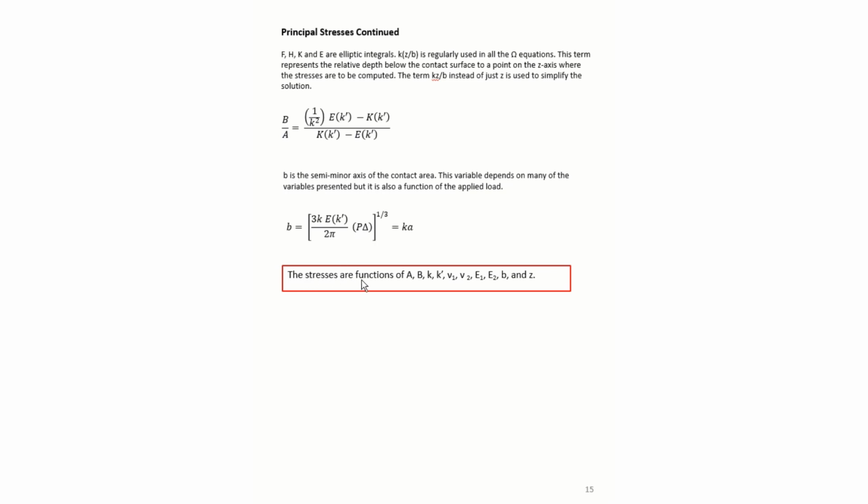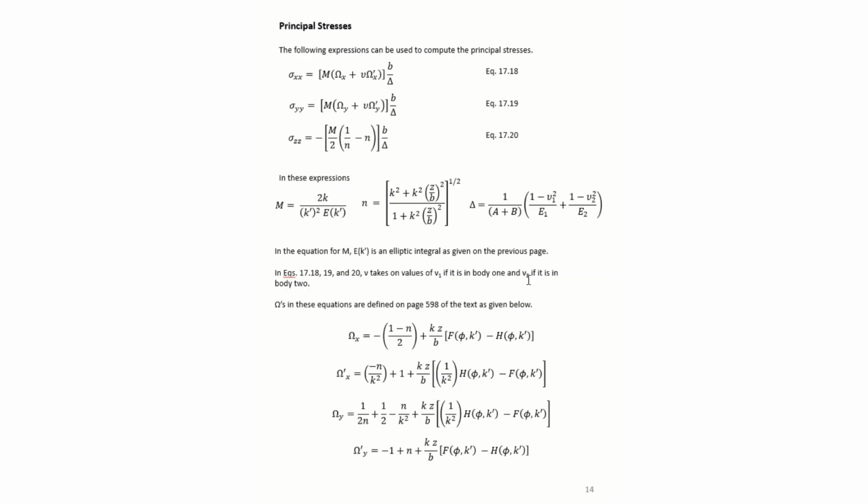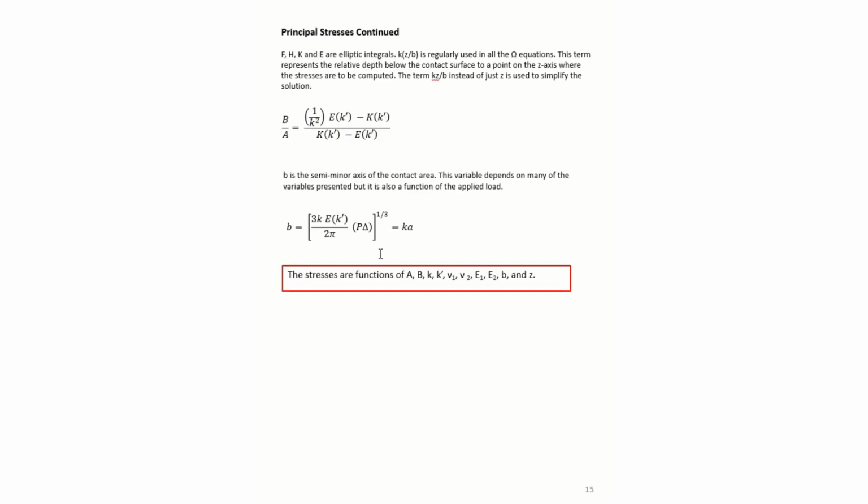So the stresses are functions of capital A and B, K and K prime, Poisson's ratio, modulus of elasticity, semi-major axis of the contact ellipse, and Z, which is the distance along the Z-axis to the point of interest where we're wanting to compute the stresses. So these expressions here are very detailed. There's a lot of computation in them, but we'll see that it's really not too difficult once we get the process down.